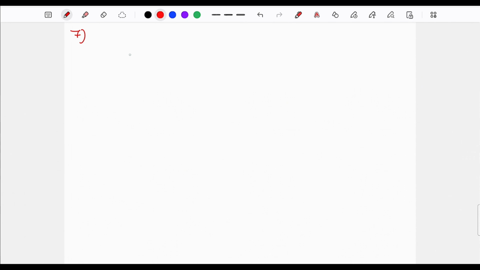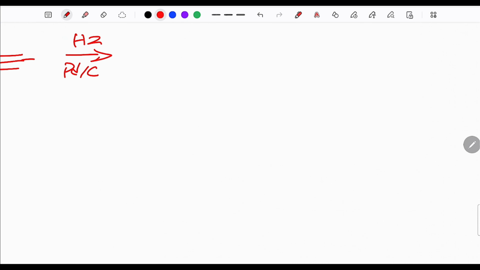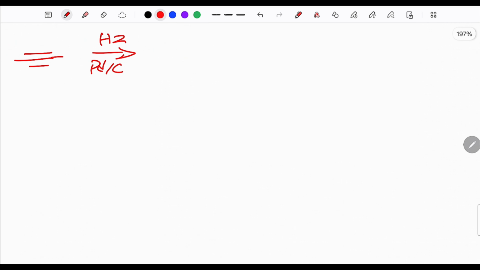So mechanistically, we have this bad boy right here. Okay? Internal alkyne. We will add H2 to it. Okay, by way of palladium on carbon or platinum dioxide, whatever. It's a surface-mediated addition of two equivalents of H2. Okay.